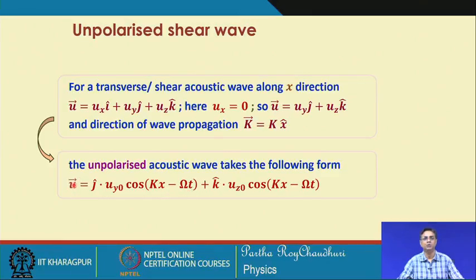So, u will be represented by j u y amplitude and k u z 0, that is the amplitude along the z axis.